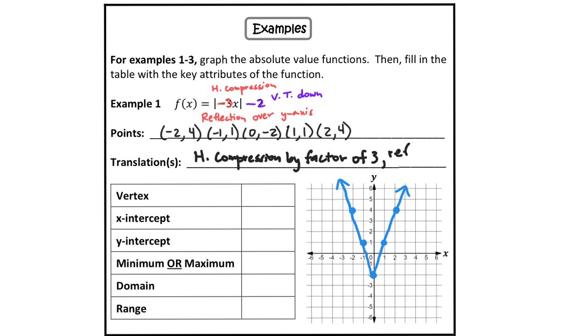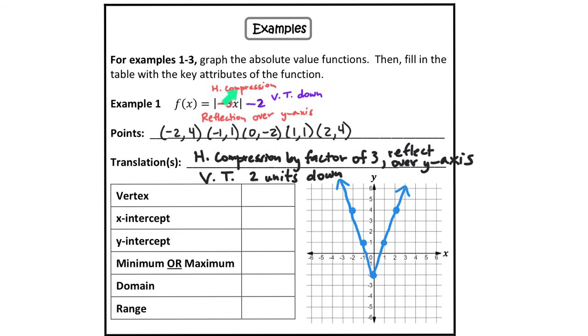There's reflection over the y-axis, and there's one more. There's a vertical translation 2 units down. Okay, so I'm just breaking down what's happening.